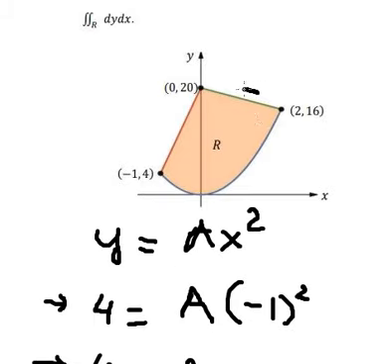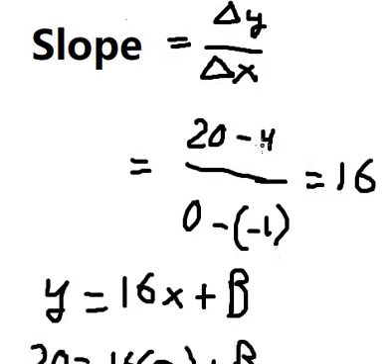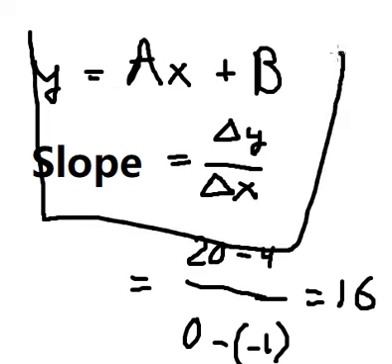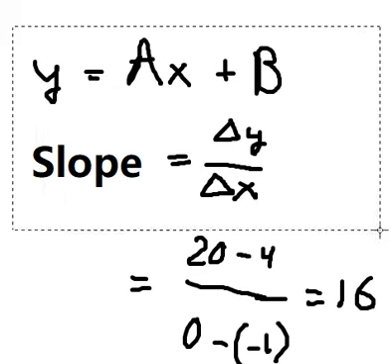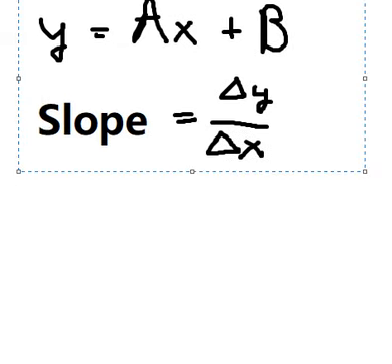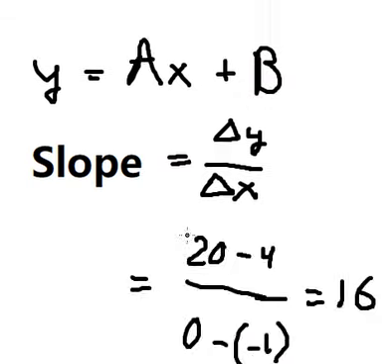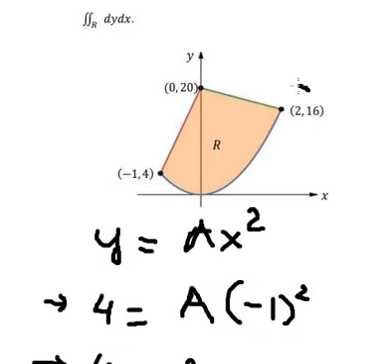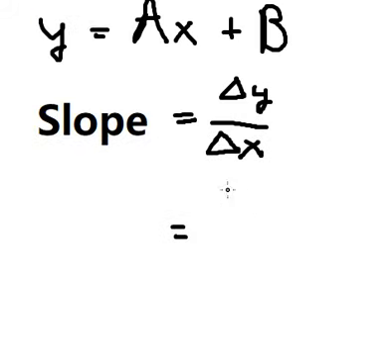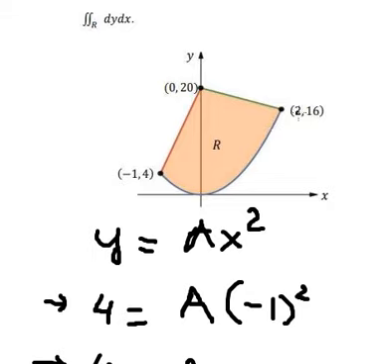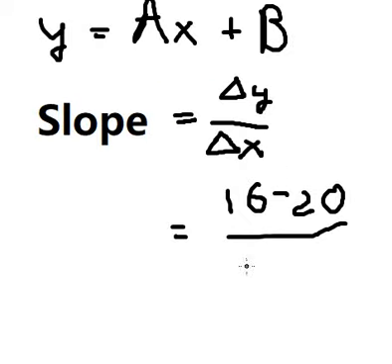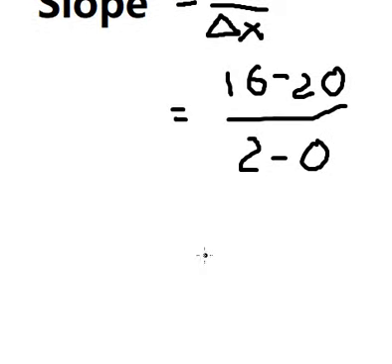Now we go to the green one. So we apply the same formula in here. We choose this point and this point. So we have 16 minus 20 over 2 minus 0. We calculate this one and we have negative 2.